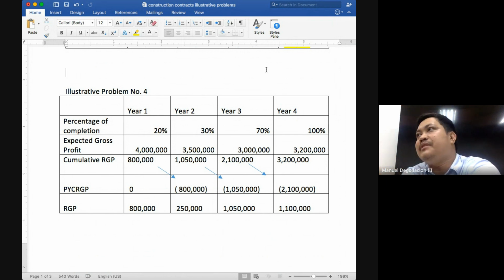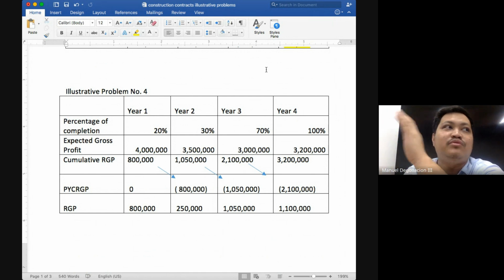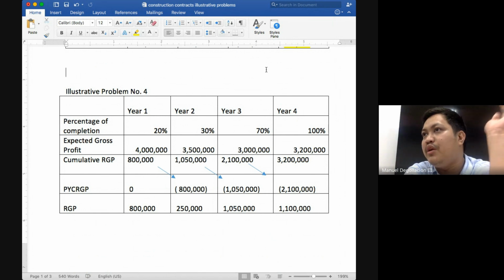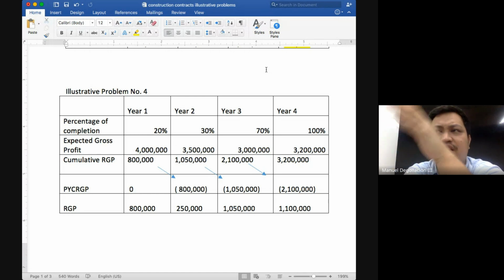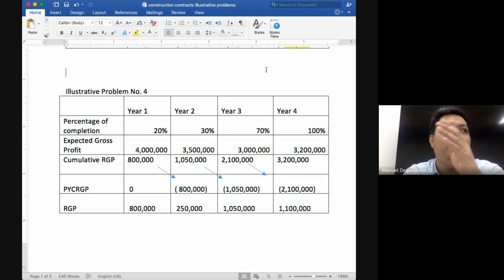If the problem is asking for year 4, some students would not know what to do without going through year 1, year 2, and year 3. But supposedly, what do you need if you're asked of year 4? You just need the cumulative RGP in year 3. Okay? But then you would ask, what's the problem if I just solve from year 1 to year 4?